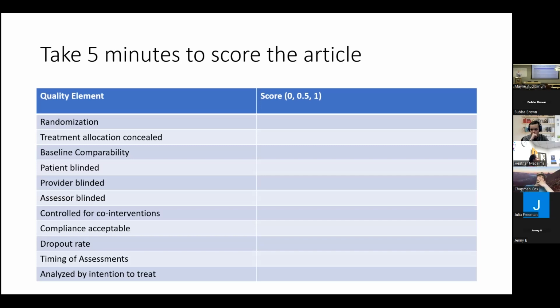Okay, very good. I actually wanted to give it a 0.75, but you didn't give us that option. So. Okay, we rounded up. I think they did a pretty good job myself, but there are many other co-interventions that they didn't talk about, like, they didn't also go to Weight Watchers, they didn't also do other things, they could have been on a really intense program, so they didn't tell people to only do these exercises.